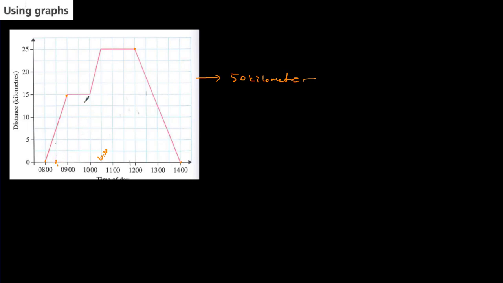Here 1 hour, and here 0.5 hour because it is half an hour, and from this point 12 to 14, that's again 2 hours. Total time taken is 1 hour plus 2 hours and 0.5, which is 3.5 hours.